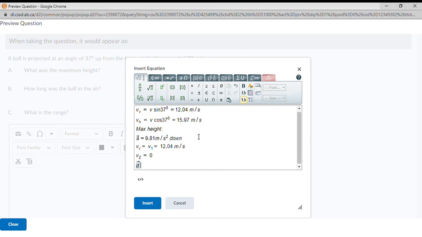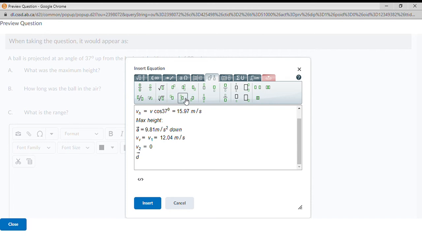Okay. Now the way that we solve it will be that if we are using the formula v2 squared, if we go here we will see v2 squared, we will have something like this.